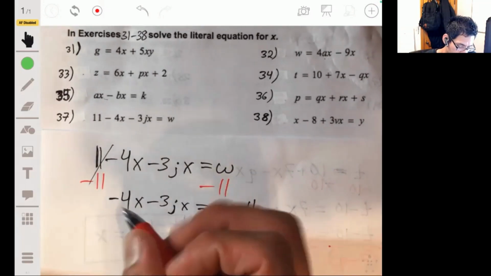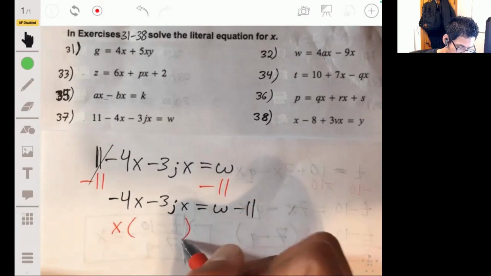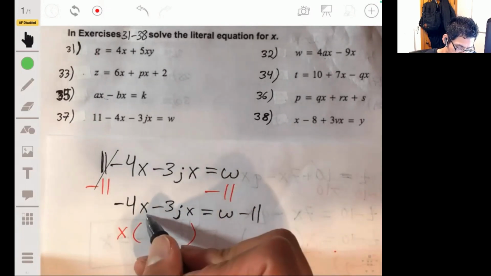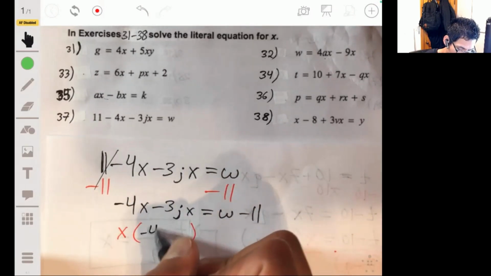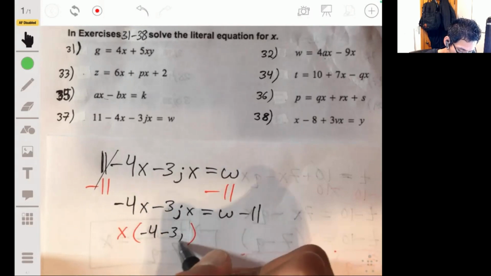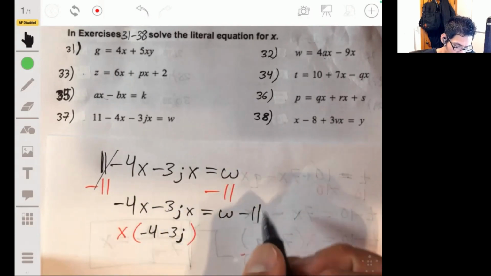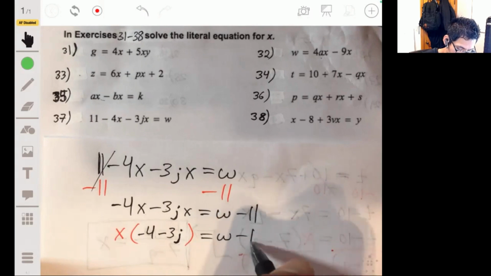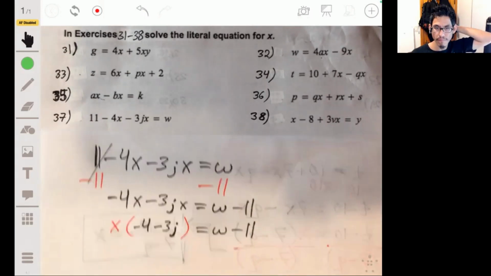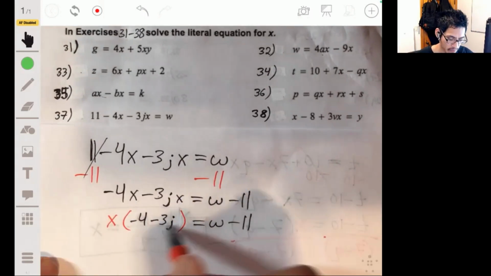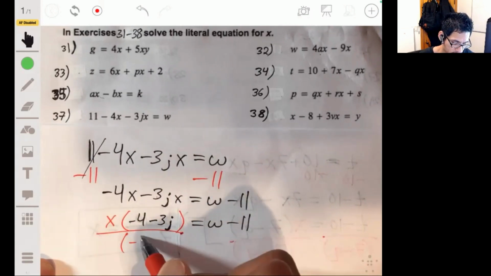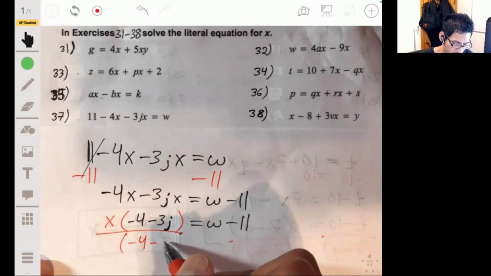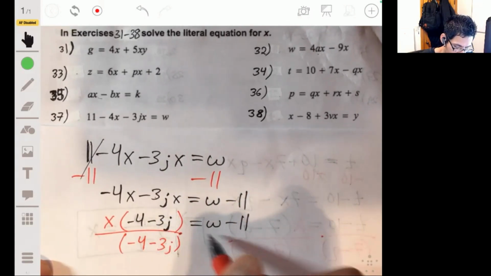Factor out an x from both of those. X times negative 4 minus 3j equals w minus 11. And no matter how weird this may look, just go with it. Divide by negative 4 minus 3j.